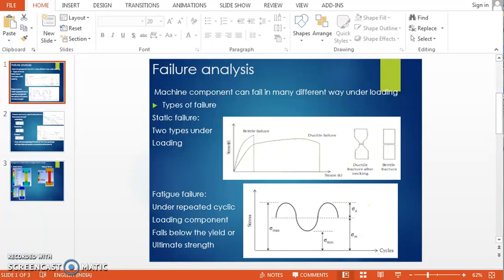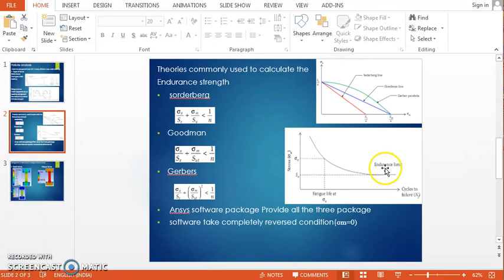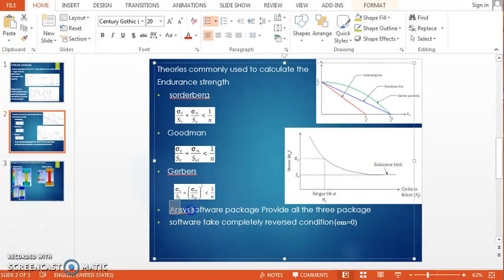This is called fluctuating stress. So in the ANSYS software, we have these three packages, and software generally takes completely reversed condition where mean stress is 0.